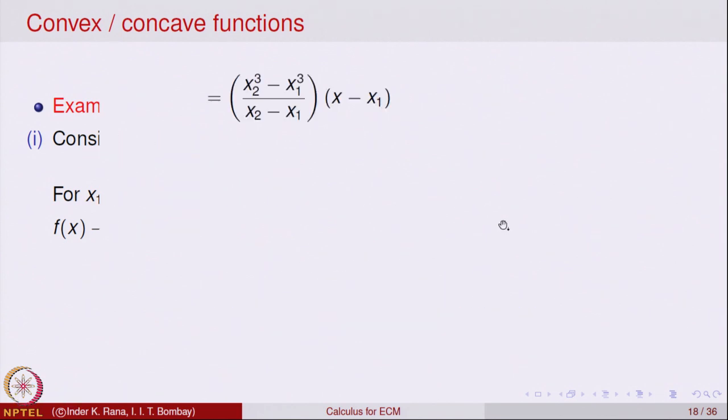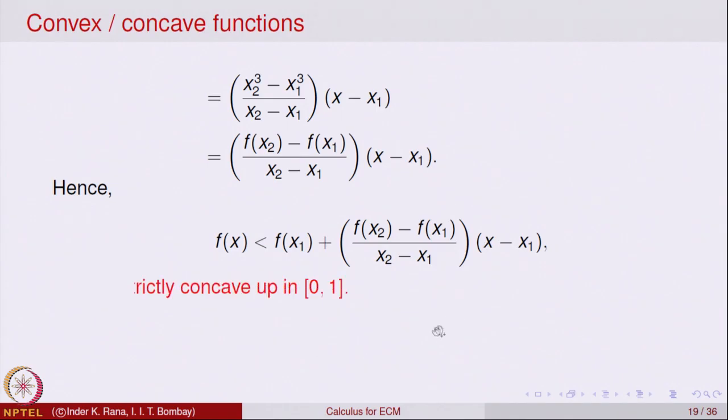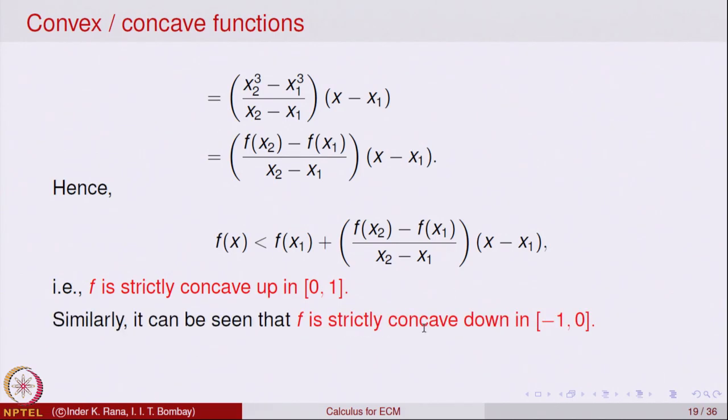So, this gives that in the interval 0 to 1, the function is strictly concave up. A similar algebraic analysis can be made to show that it is strictly concave down in minus 1 to 0. So, the function is strictly concave up in 0 to 1 and strictly concave down in minus 1 to 0.